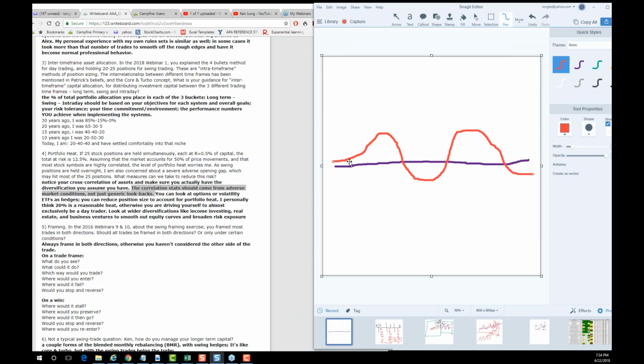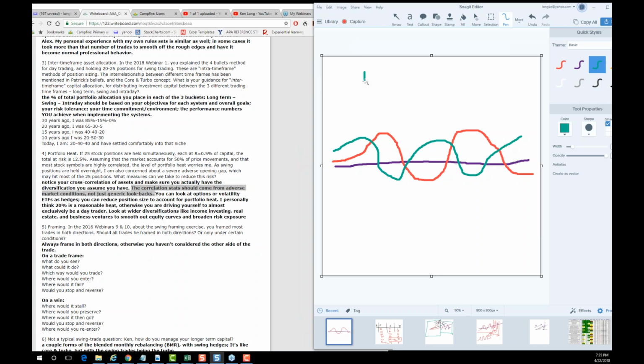It will generally track the S&P, but with say double the volatility. And then you might see EFA, say the global index, do something like that.